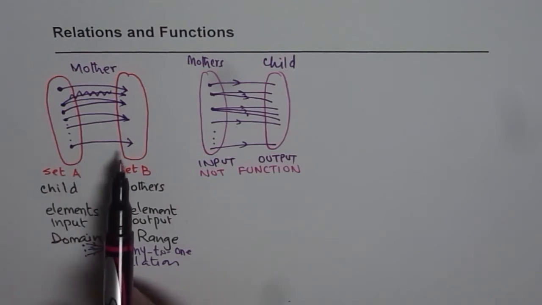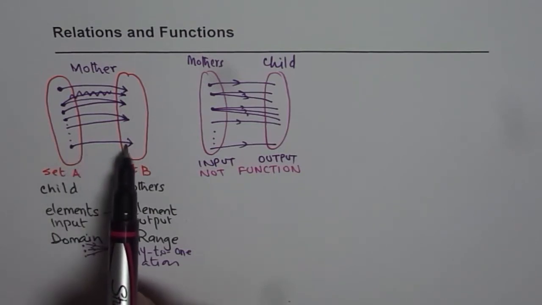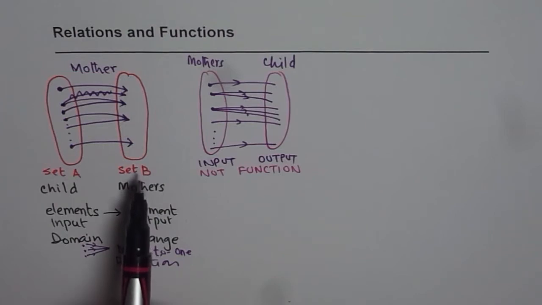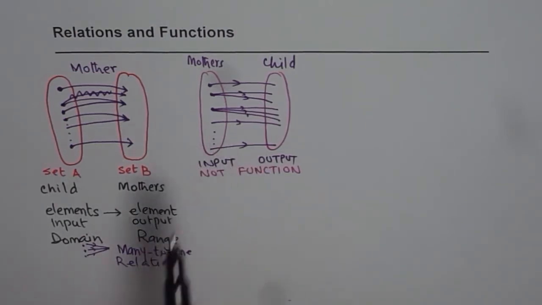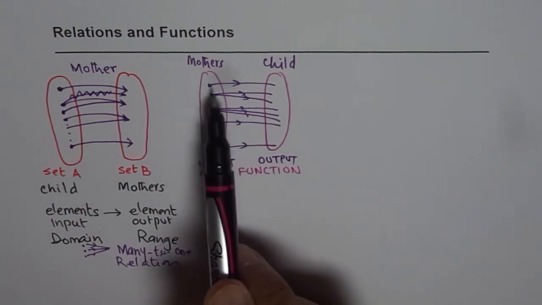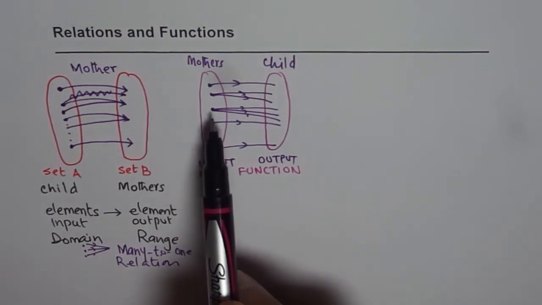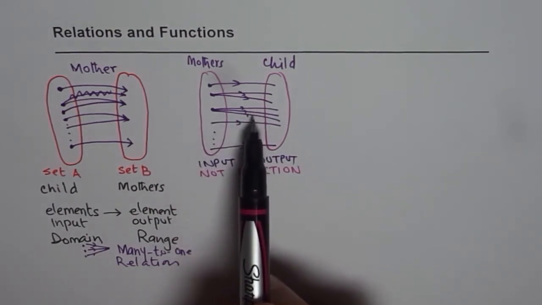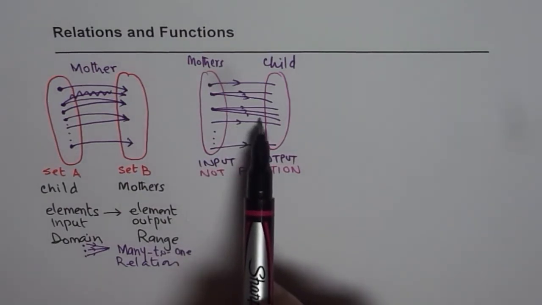This one is a function since every element in our set A is associated uniquely with just one element in the set B. However, in the other, where the relation is bound by the rule my child, mother to child relation, a mother could be associated with more than one child, and therefore it is not a function, it is still a relation.